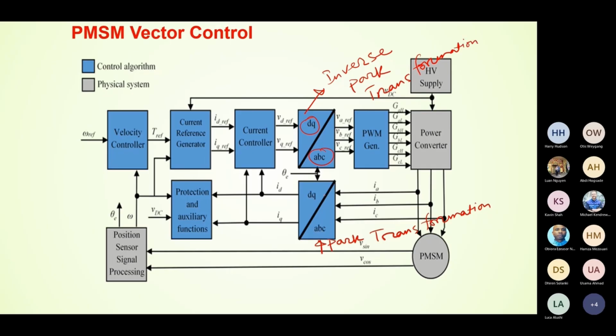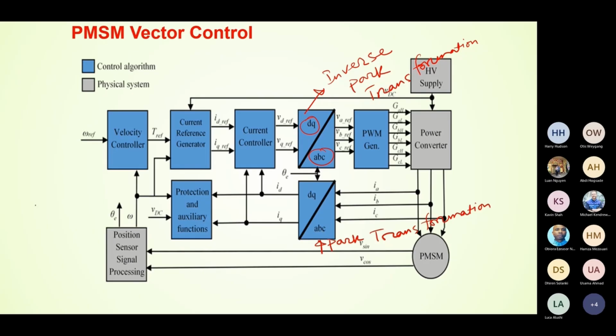Now, you may ask the question that we are directly using Park transformation and inverse Park transformation, so why do we need Clarke transformation? This question may come to your mind. In fact, in practice, Park transformation does not happen directly by using this formula.